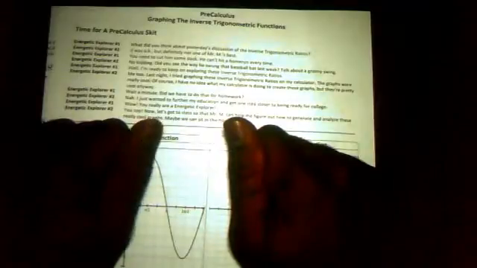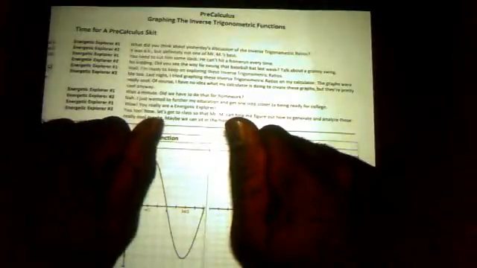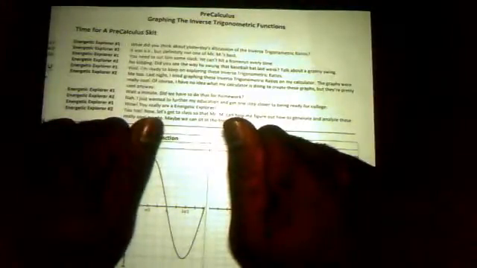Me too. Last night, I tried graphing these inverse trig ratios on my calculator. The graphs were really cool. Of course, I have no idea what my calculator is doing to create these graphs, but they're pretty cool anyway. Wait a minute. Did we have to do that for homework?